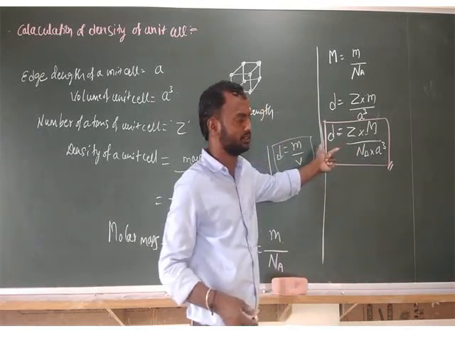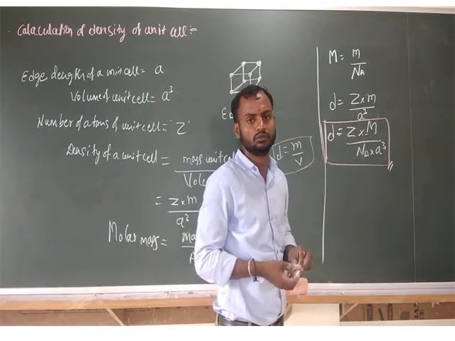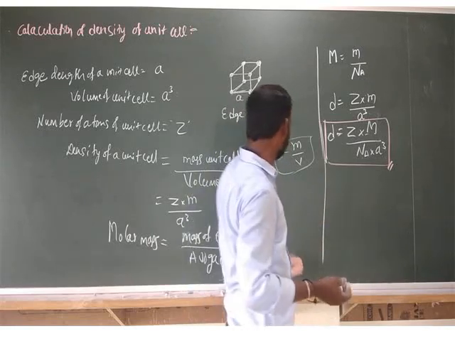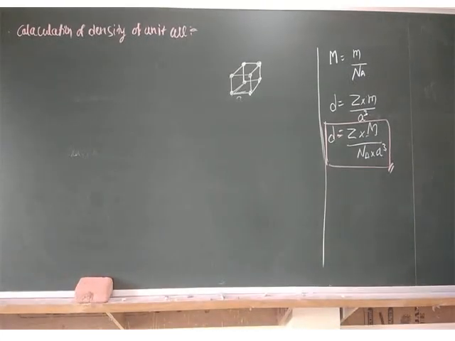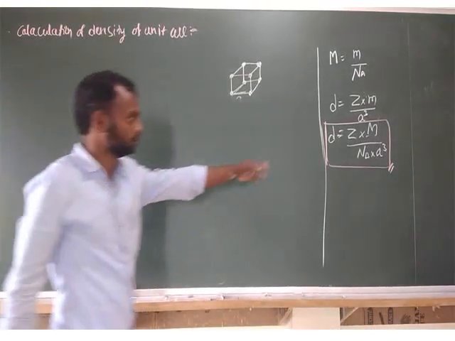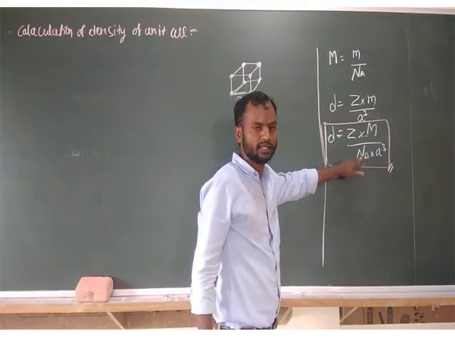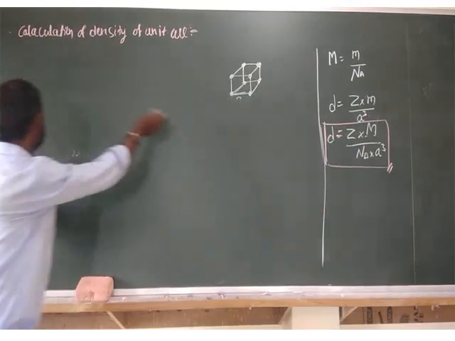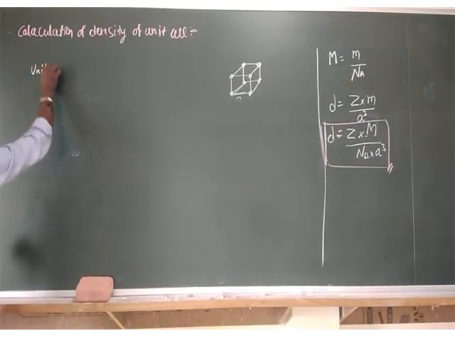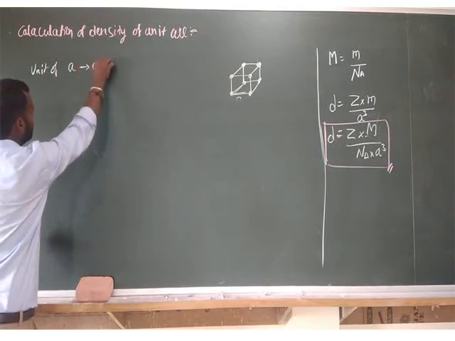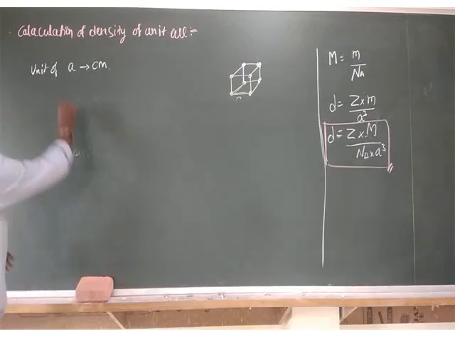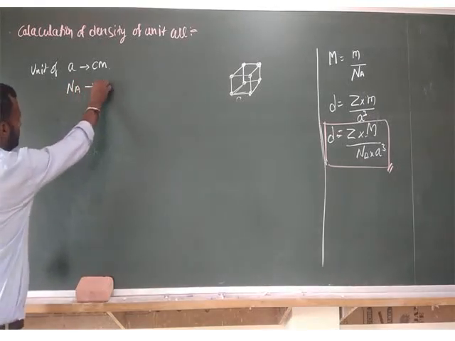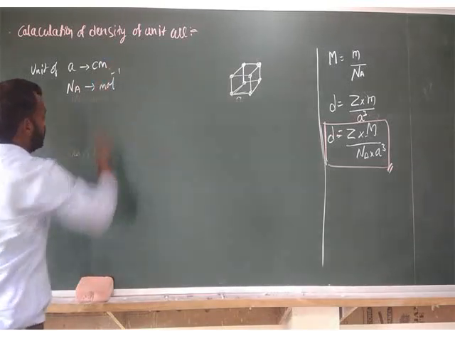Now the units in the formula. First, the number of atoms means the Z value. So D is equal to Z into M divided by Na into a cube. The unit of a is centimeter, and Na is Avogadro's number, measured in per mole.